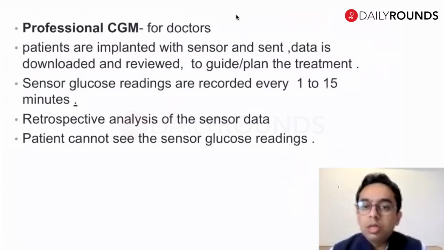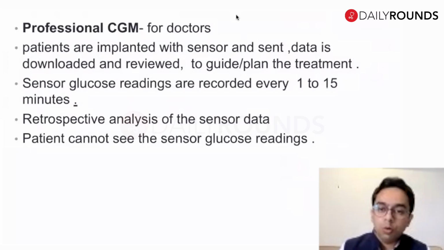Here you install the sensor on the patient, and after, let's say, 1 week or whenever you want to call the patient, you get the data from that sensor via your reader, and you can download it. That is retrospective data that you are giving to your patient, because that event has already been over. Now the patient cannot adjust his food, diet, all those; everything is over.